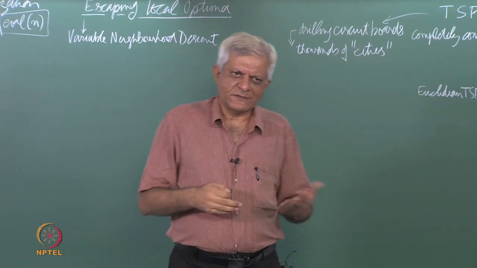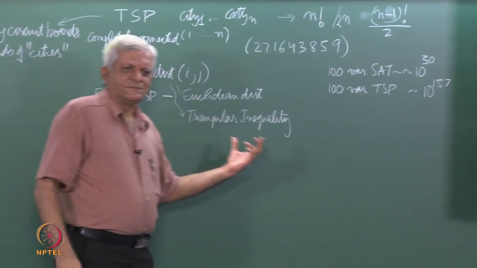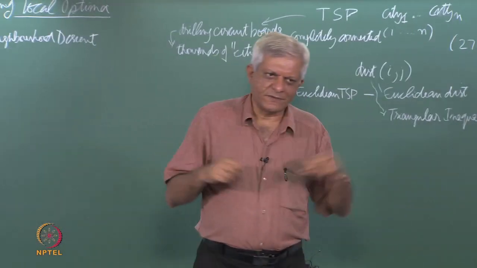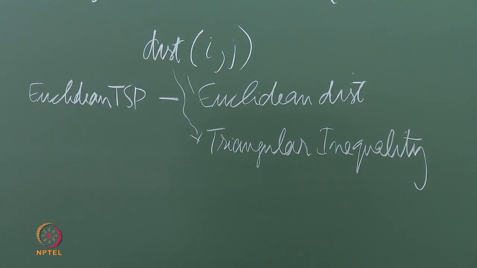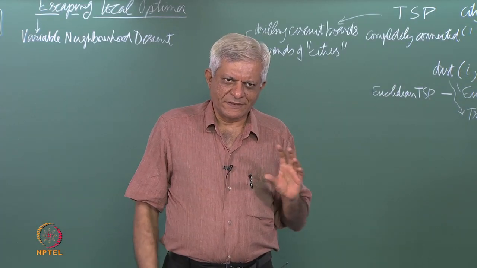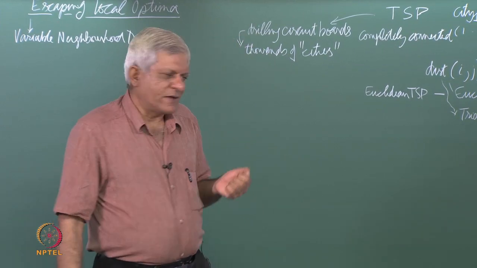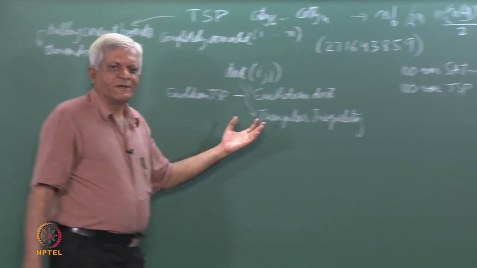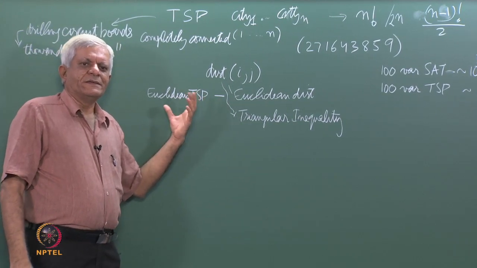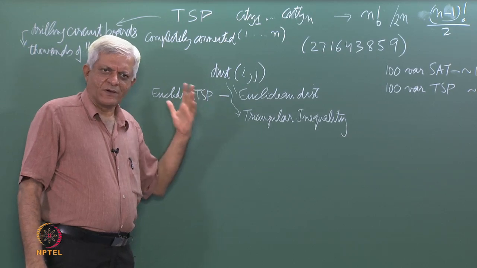Euclidean distance also satisfies triangular inequality, but what triangular inequality says is that if you imagine a triangle between 3 cities, then the length of one side is smaller than the sum of the lengths of the other two sides. This is known as the triangular inequality, and if the distance function satisfies it, then it is also relatively easier to solve. Easier to solve meaning you can find good solutions faster, but you cannot solve it optimally.